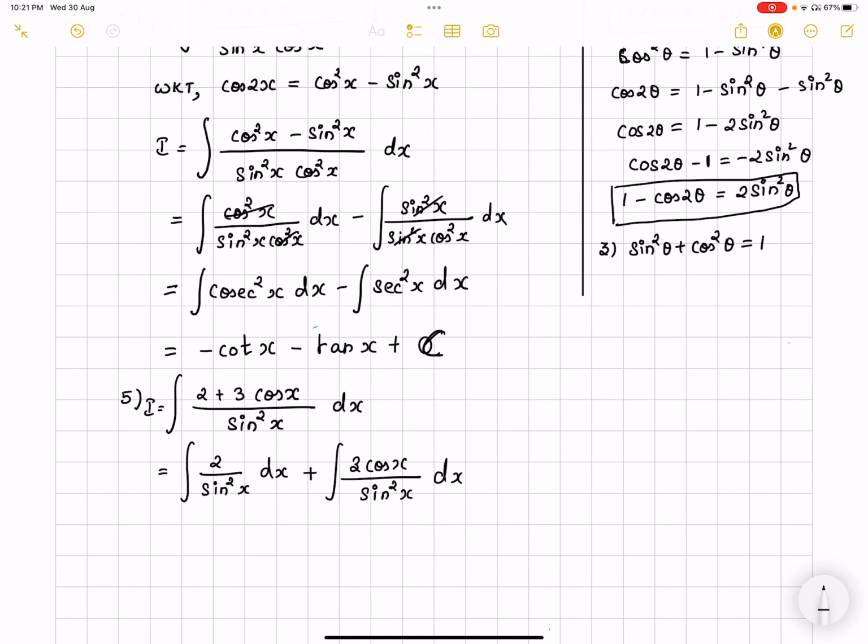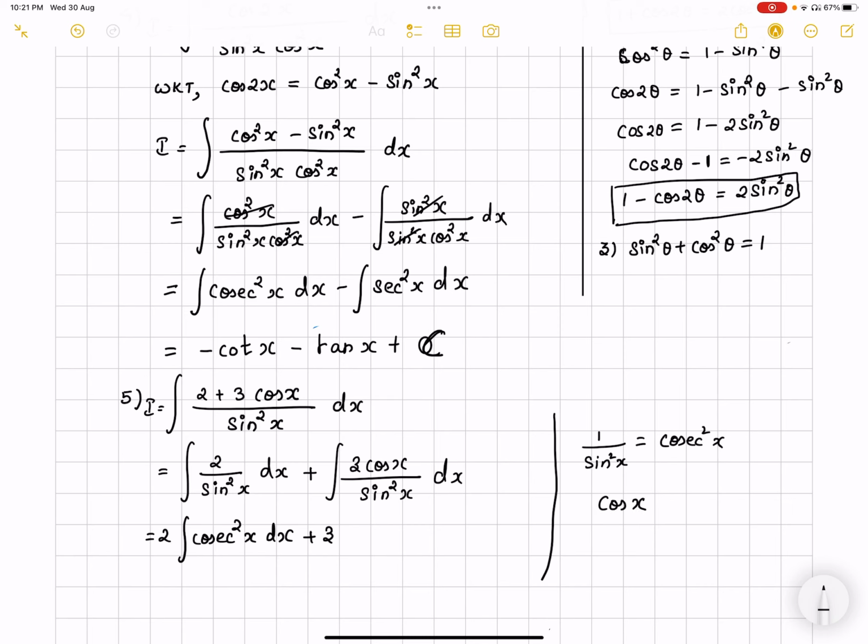Now here I would be using trigonometric identity. You guys know 1 by sine square x is nothing but cosecant square x. So here I would be having 2 integral cosecant square x dx plus 3 is a constant. Okay, let's come back here.